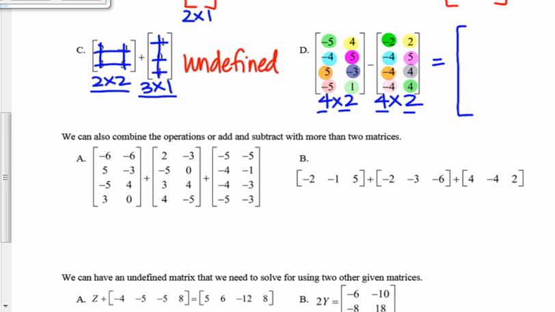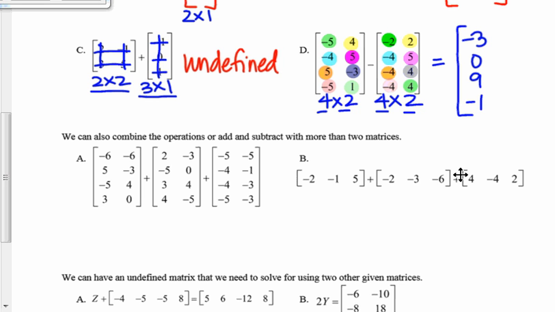I'm going to add those top left green, or subtract. -5 minus a -2. So -5 plus 2, so -3. I'm moving down to the blue. -4 minus a -4 gives me 0. 5 minus a -4 gives me 9. And then -5 minus a -4 gives me -1.